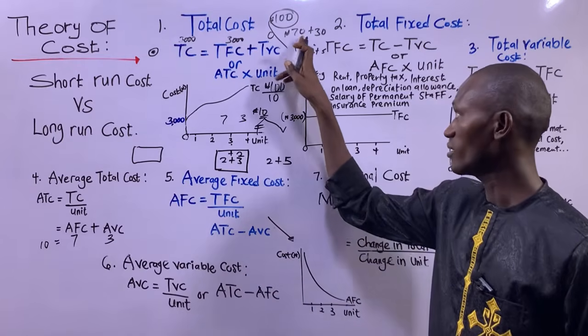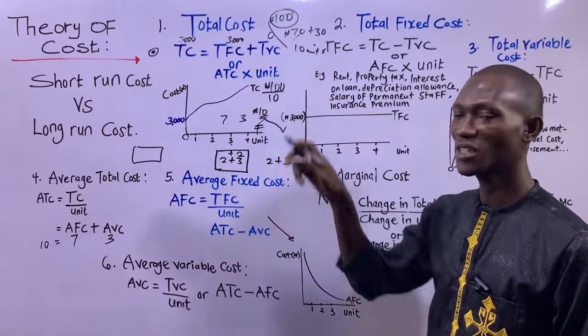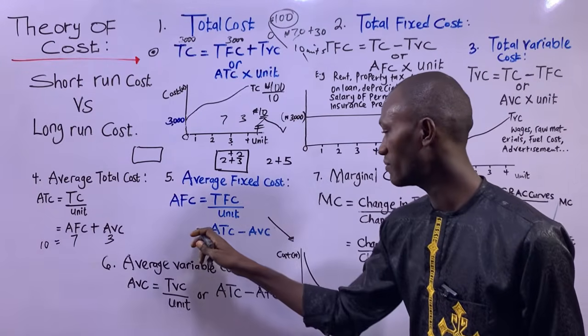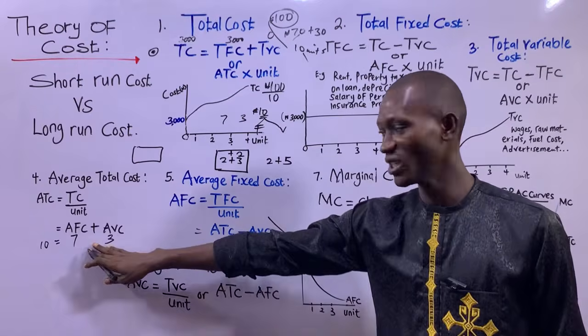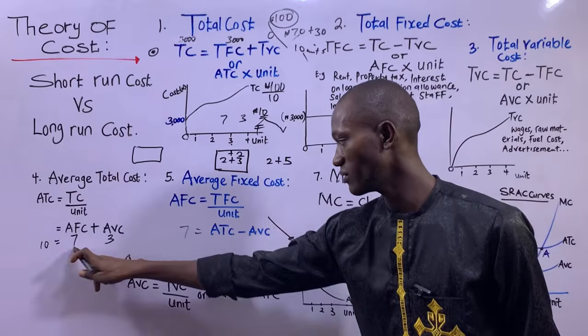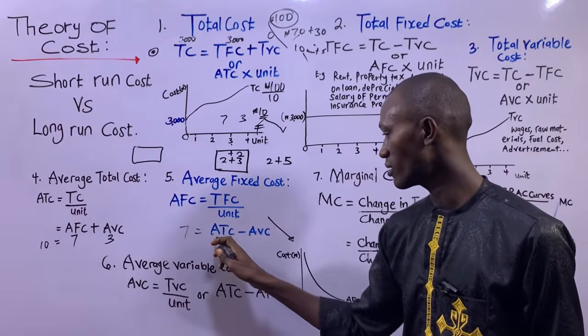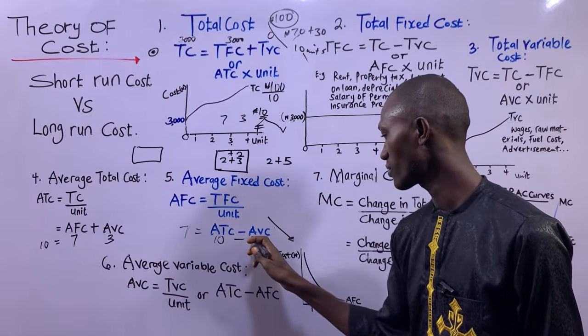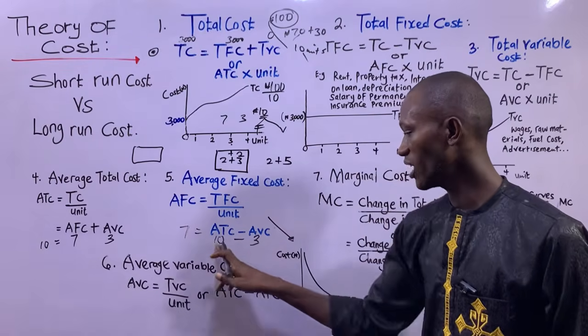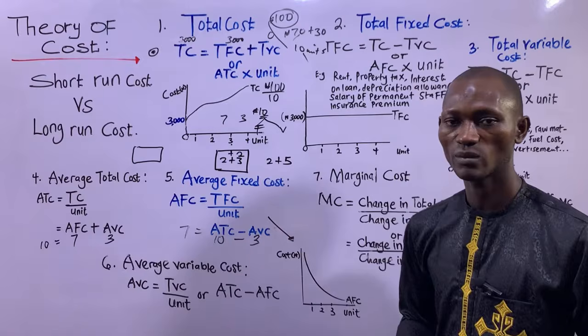So here, we did say that the total fixed cost is 70 and the units produced is 10. So, although we've expressed it here already, average fixed cost is 7. Then average total cost is 10 minus 3, because average variable cost is 3. So 10 minus 3 gives us 7.